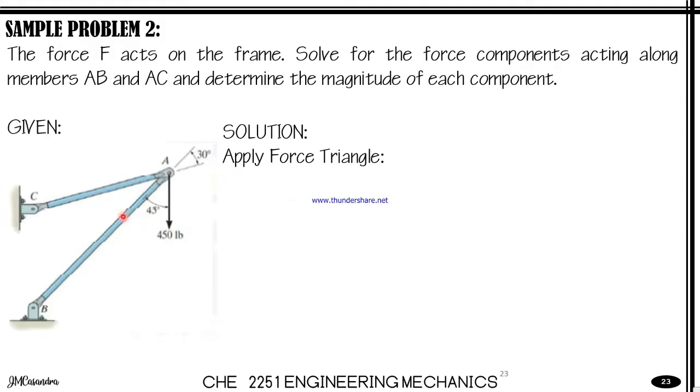So we have force on AC, force on AB, and the vertical force F. So you can draw your triangle anyway as long as you follow the orientation. So since we do not need the direction of our forces, we could assume the direction of the force, except for 450, since it's given that it is a downward force.